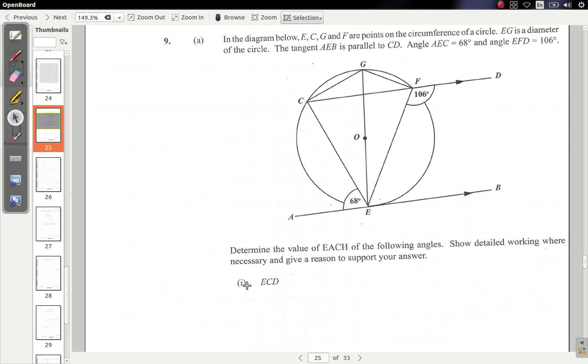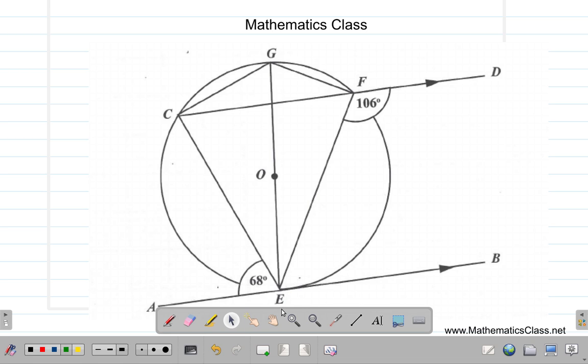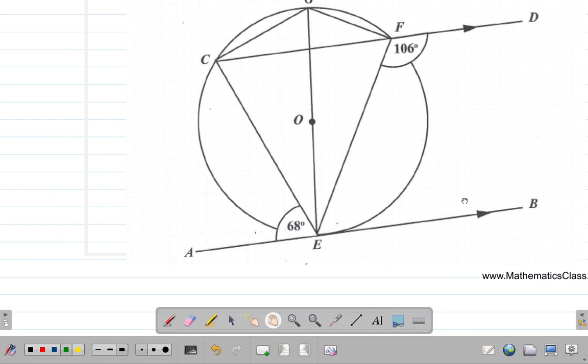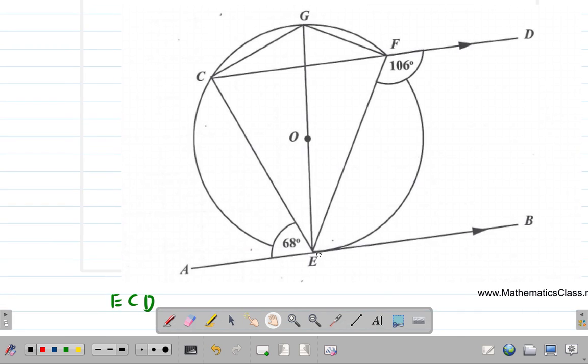They want ECD. You must find the angle ECD. So how are you going to get it?